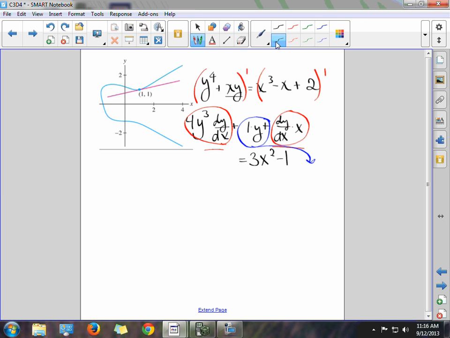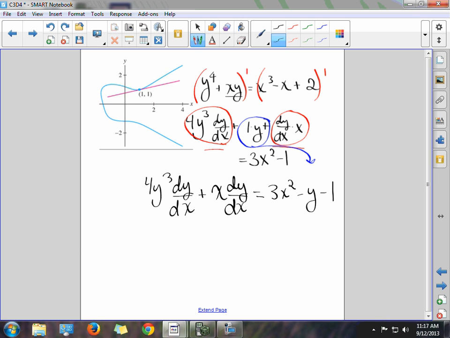So I end up with 4y cubed dy/dx plus x dy/dx is equal to 3x squared minus y minus 1. I put the y in the middle. I kind of like it that way.